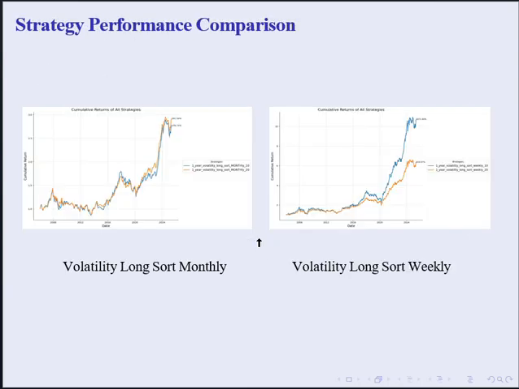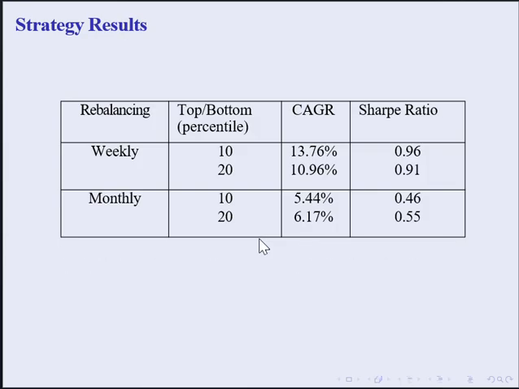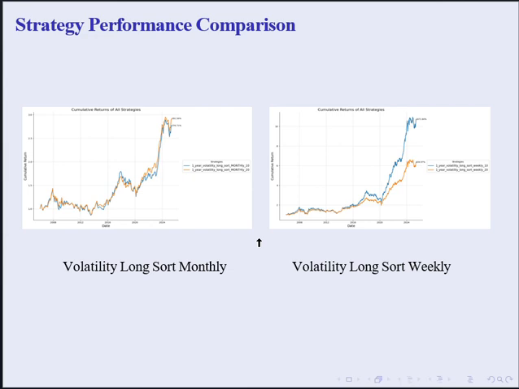You can see clearly in the table that the weekly 10 percentile long short portfolio is giving the highest CAGR 13.76% among them and the highest Sharpe ratio 0.96 among them. You can see in the plots also that weekly top and bottom 10 percentile is giving the highest return in terms of CAGR, and in terms of cumulative returns also.